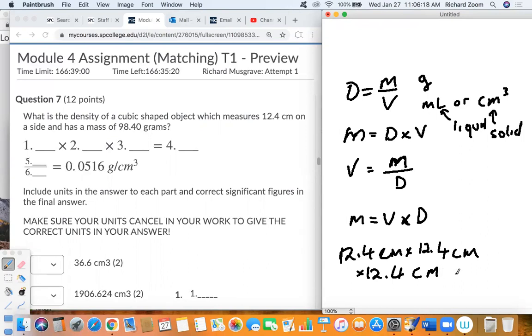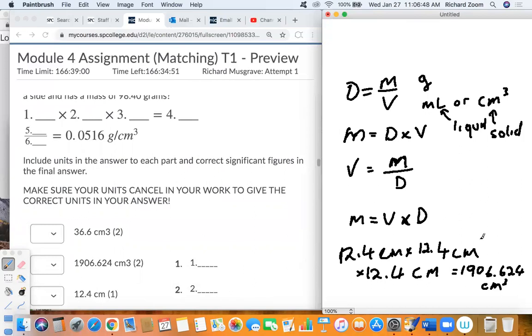Which is going to come out, I think, to 1906.624. Now, we don't do significant figures on this because it's all multiplication, division all the way through this problem. So we're going to keep all these significant figures until the very end when we cancel it down to 3. And that's based on the 12.4 here, which has 3 significant figures. So the answer comes out to 3 significant figures as well.